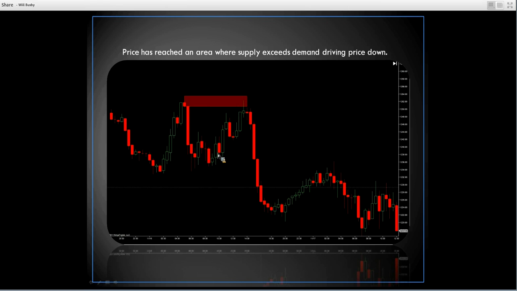When we come back to revisit that particular area for the first time, that is when the institutions look to place their sell orders. If you think of yourself or any other professional as a technical analyst, which is exactly what we are, we're analyzing price. I would believe that all of us in here are technical analysts.